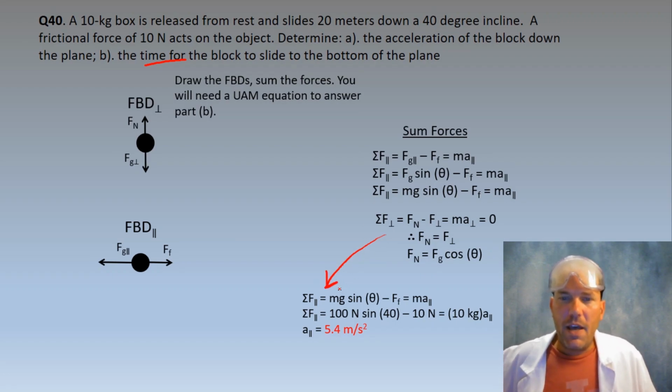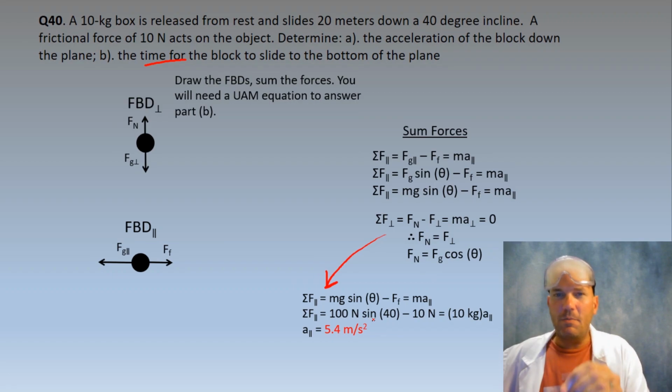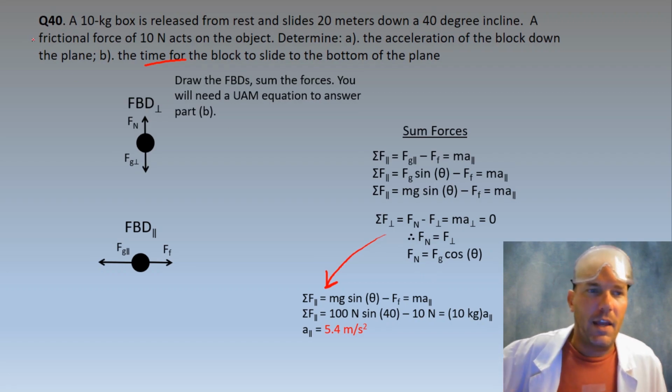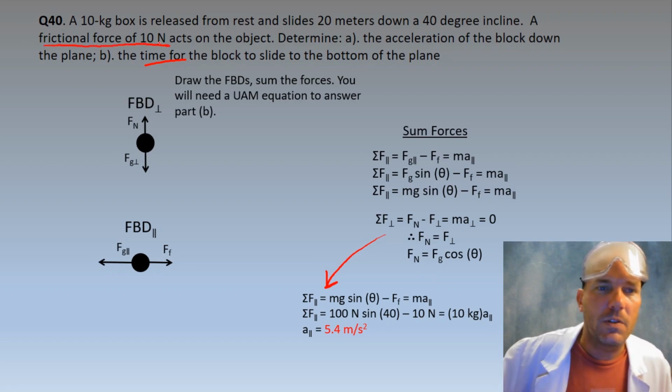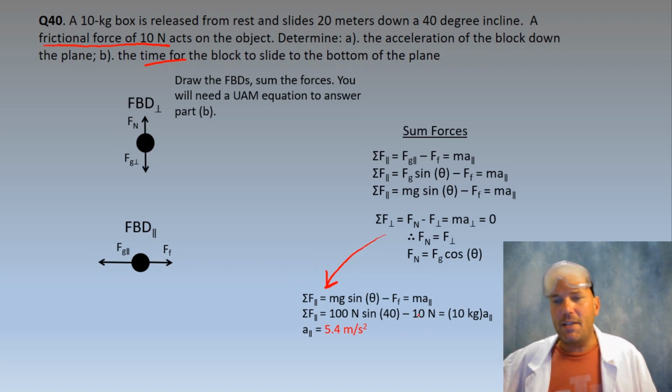So we have the mass gravity sine theta, and that was 100 newtons, which is the mass of the object 10 multiplied by little g, the acceleration due to gravity. That's where the 100 newtons comes from, that's the force times the sine of 40 degrees, minus 10 newtons, okay? And that's because we're told the frictional force is 10, so we can plug that in here.